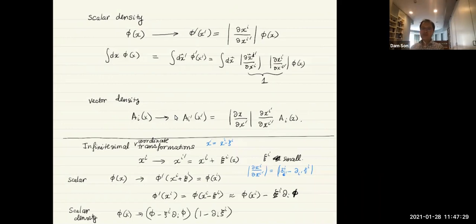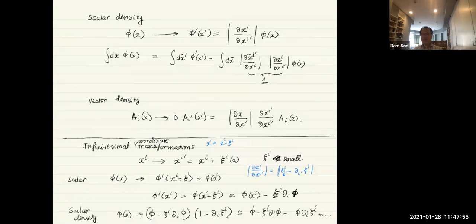That is the determinant of the Jacobian transformation. So it's roughly φ − ξ^i ∂_i φ − φ ∂_i ξ^i plus dot dot dot. That's how the density changes.